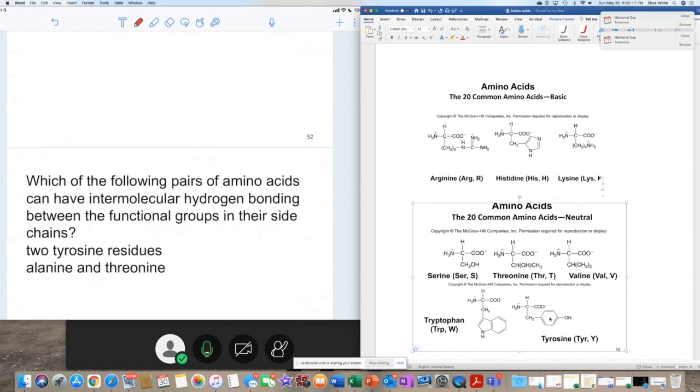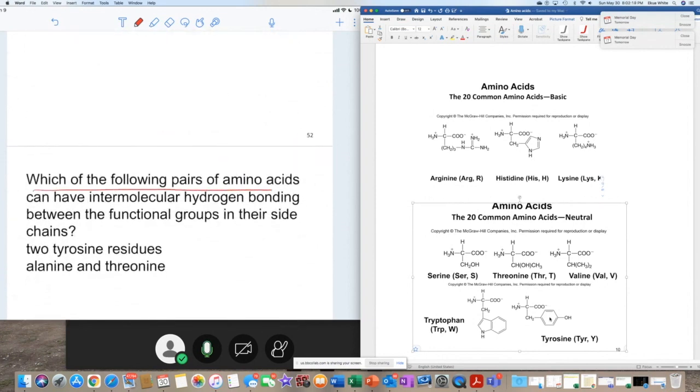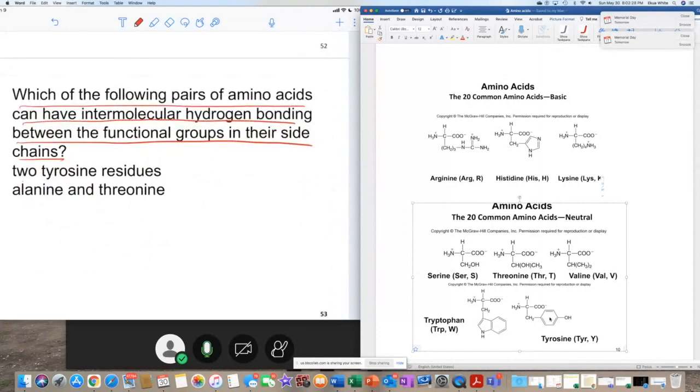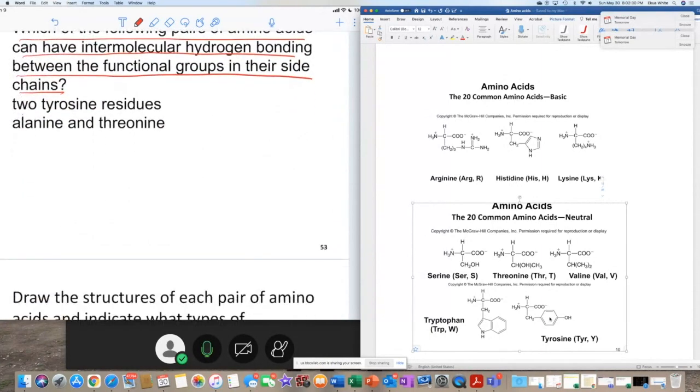I'm done with that part. Which of the following pairs of amino acids can have intermolecular hydrogen bonding between the functional groups in their side chains? Okay, tyrosine.